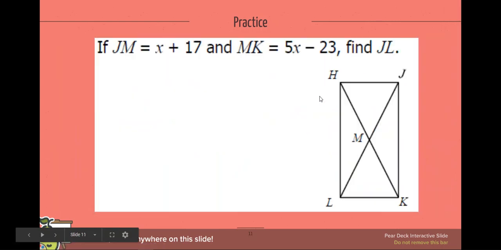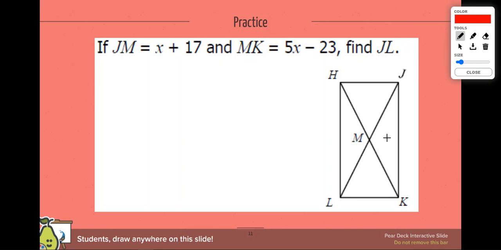Let's look at how we would solve that given some algebra. All right, if we have JM and MK, find JL. Okay, so we've been given two halves of a diagonal, JM and MK. So our first goal is to figure out a way that these two are related to each other so we can solve for x.